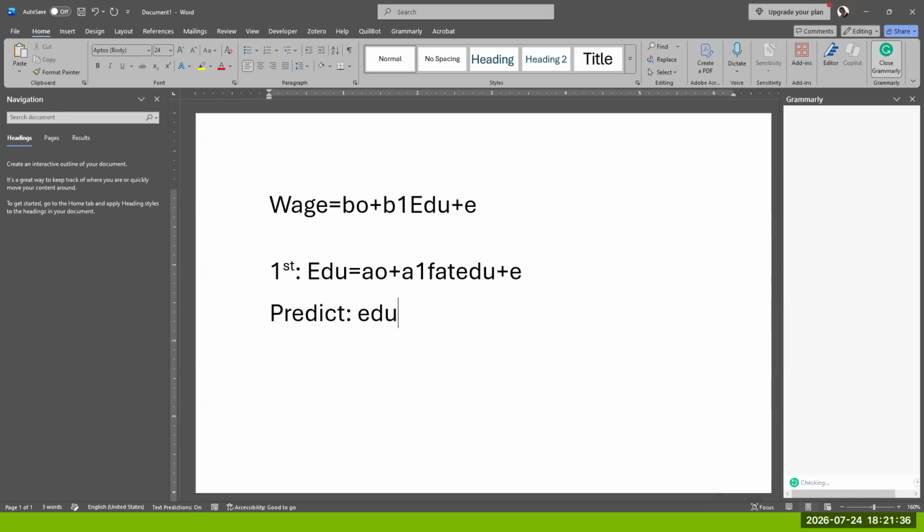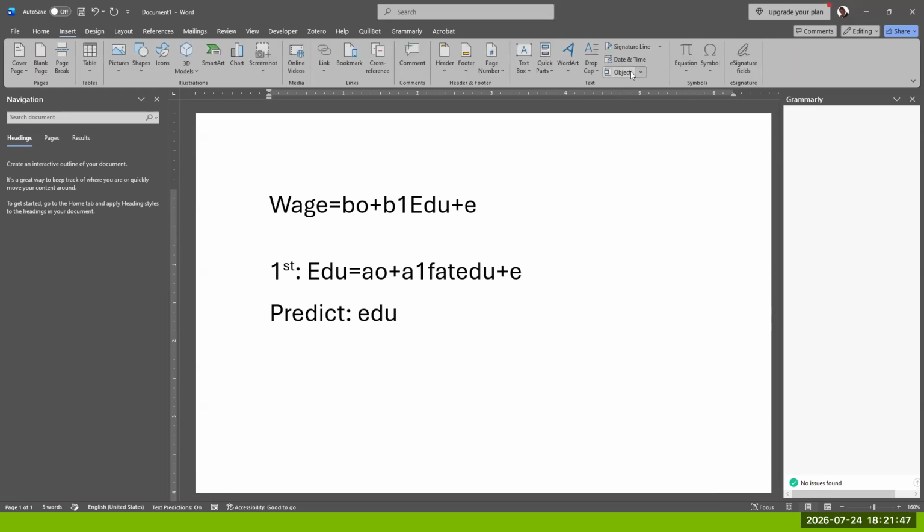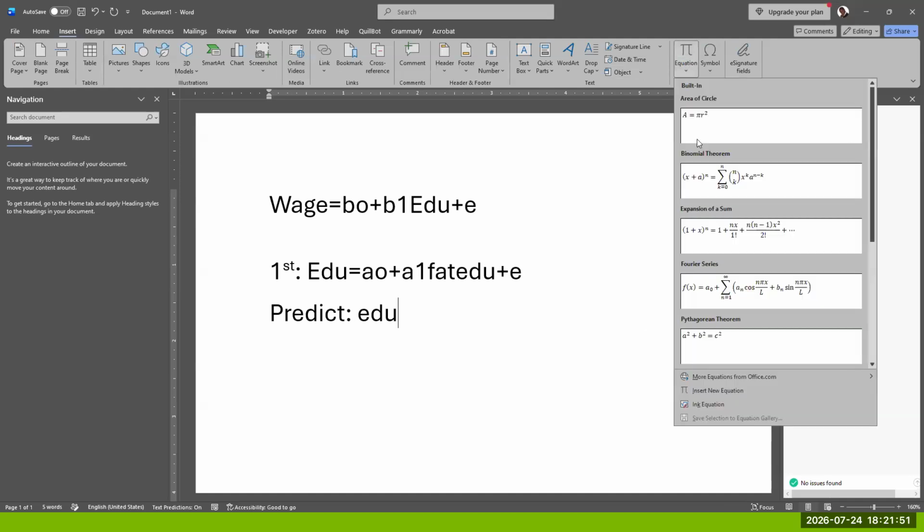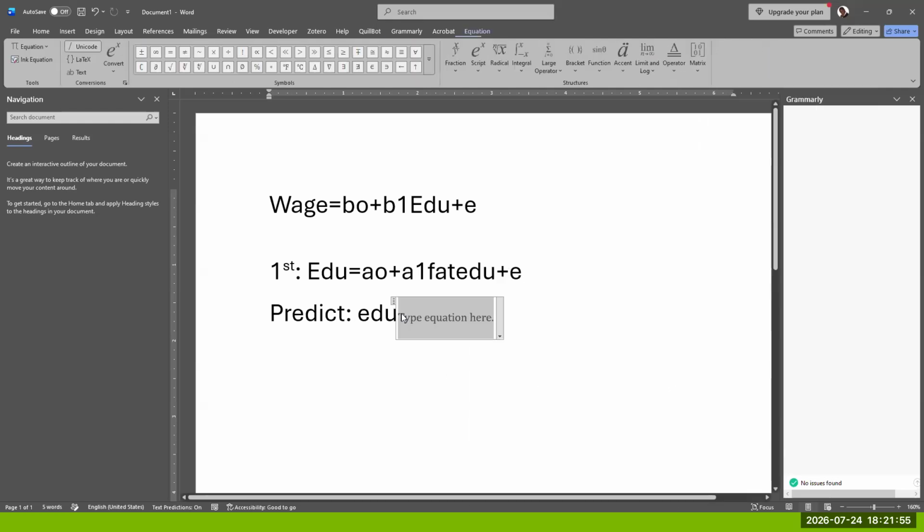Once you predict education, you have now factored in, if I was using, let's say, the mathematical notation, this one becomes education. And then we find where alpha is.